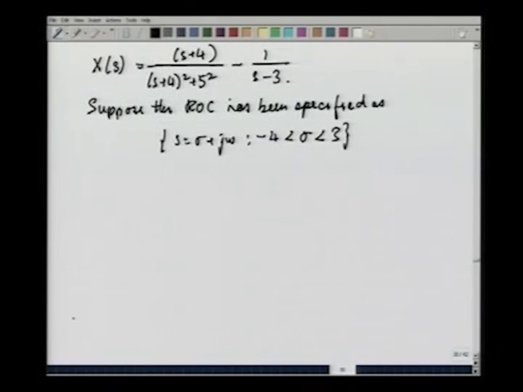Suppose we have been told this. Remember that we now need to associate each term in the partial fractions expansion with its own ROC.